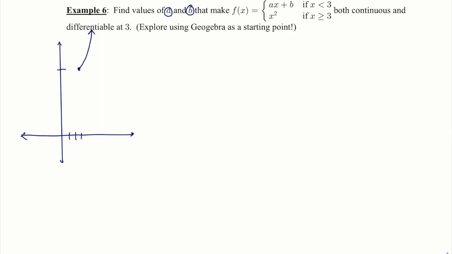The other branch is linear, and its slope is whatever our a value is, and its y-intercept is whatever our b value is. So we can change the slope by adjusting a, and we can change the y-intercept by adjusting b.